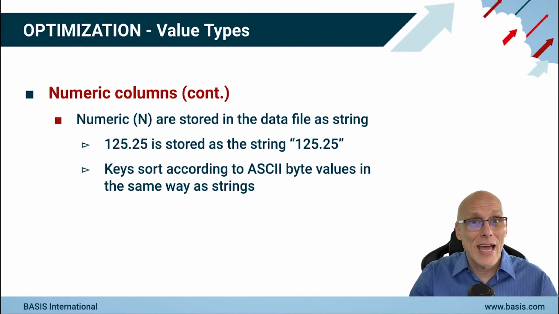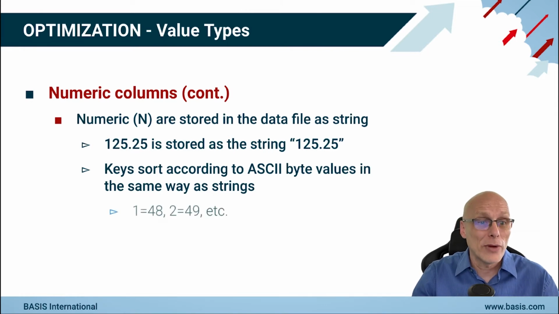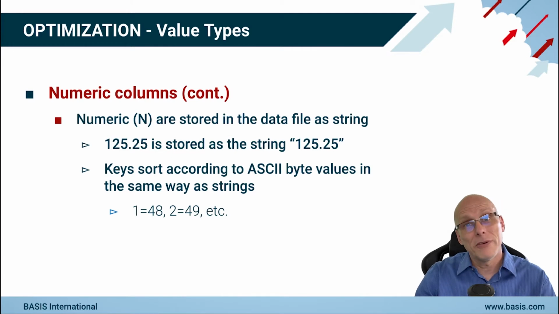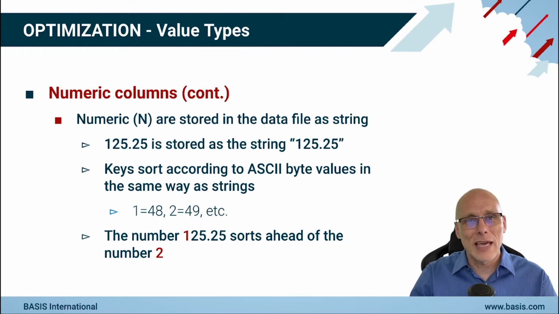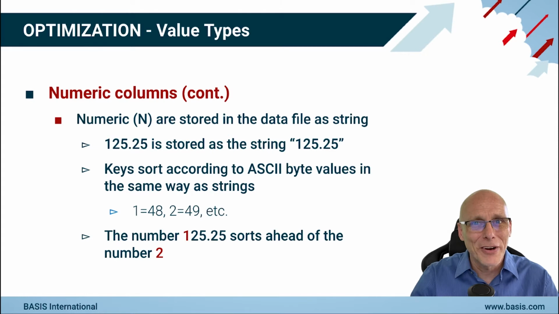Keys sort according to the ASCII byte values in the same way as strings. So the number 1 will be 48, the number 2 will be 49, and so forth. The number 125.25 is going to sort ahead of the number 2, and obviously that's a problem. 2 is not greater than 125.25, just in case you needed a little math refresher there.